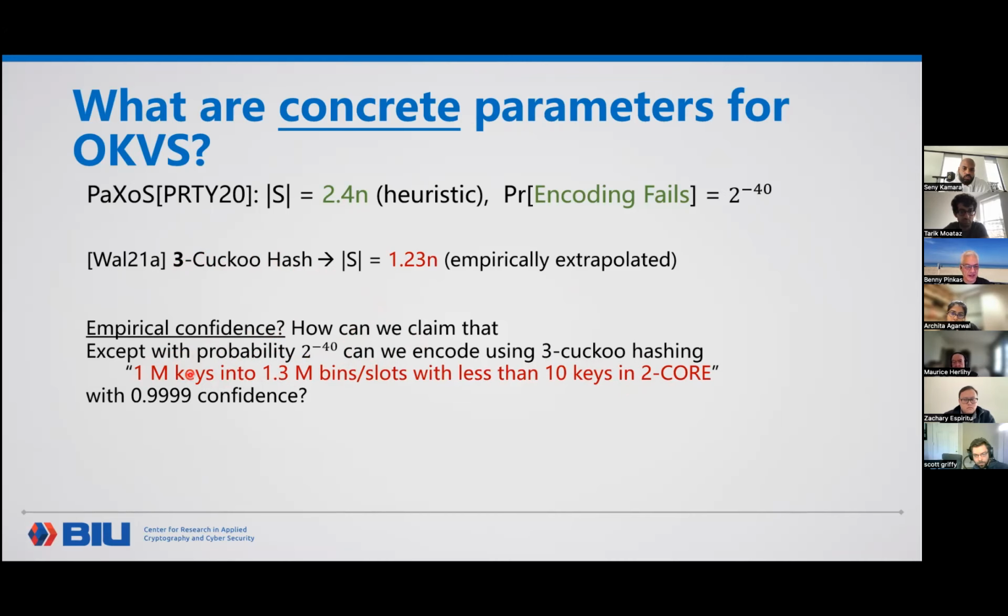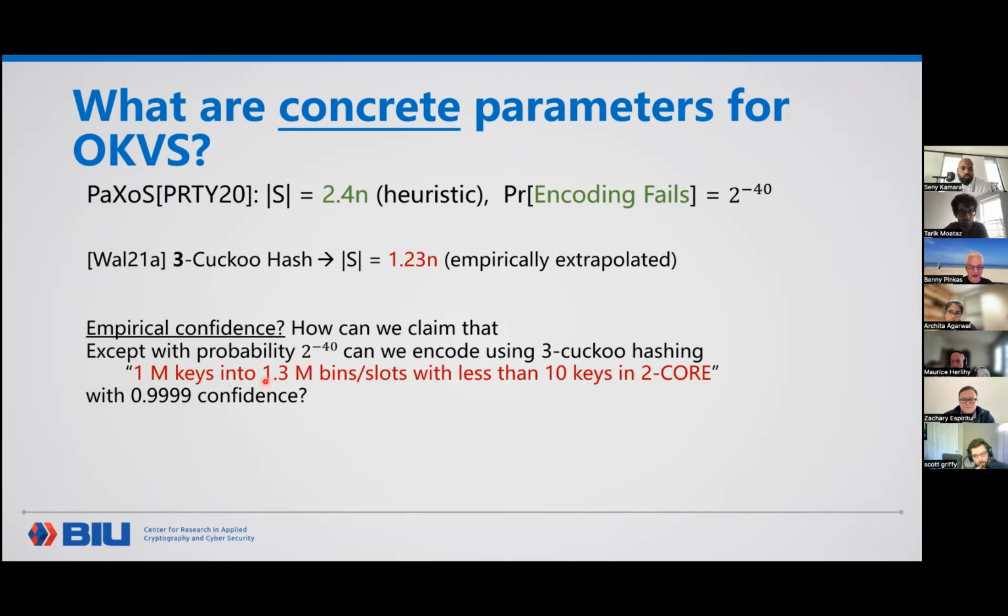And we want to do experiments and claim this with confidence of 0.99999. This is something we would like to claim, because if we have a claim like this, we can use it in our constructions. But the author who proved this didn't prove the parameters, and running these experiments would require us to get like 2 million core hours, which we cannot get, they don't come easy.